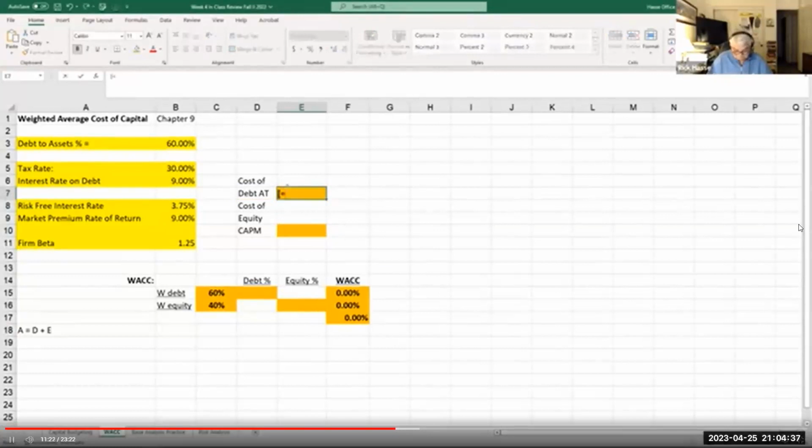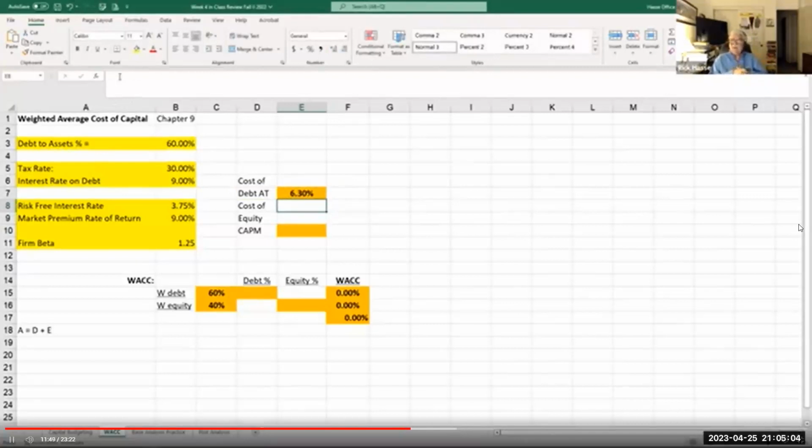Equals 0.09 times 1 minus 0.3. And there we go. All right, I put in the wrong zeros. 6.3%. Sorry about that.